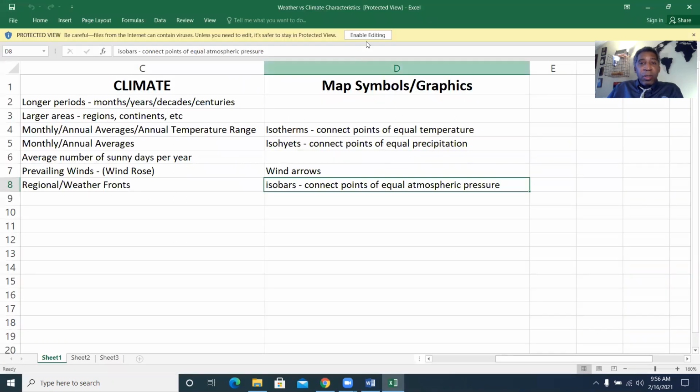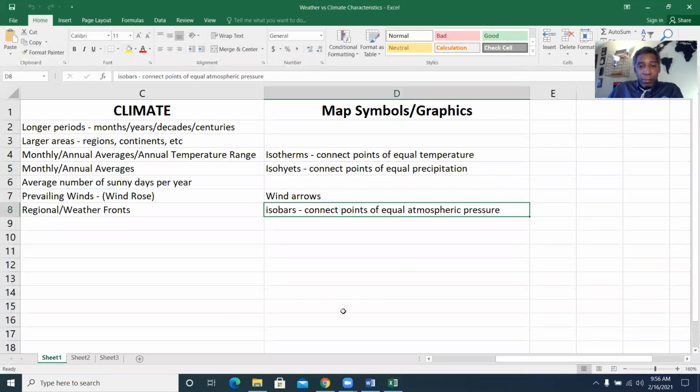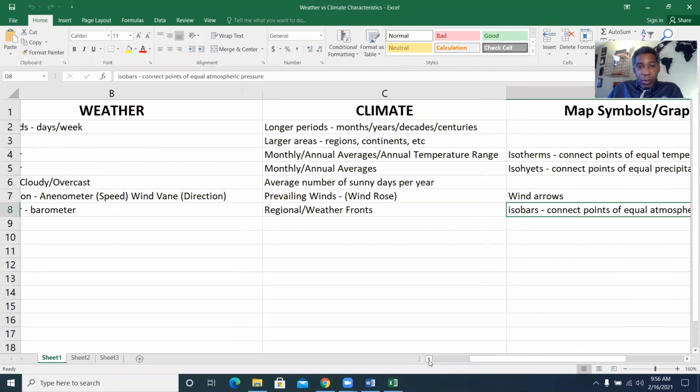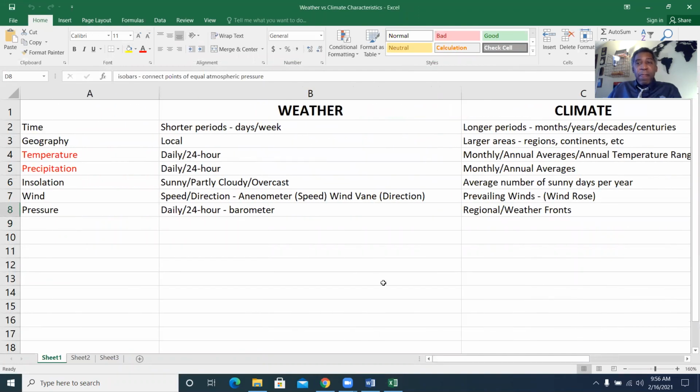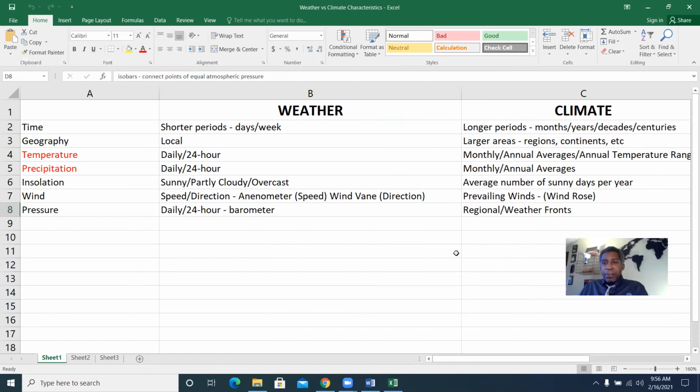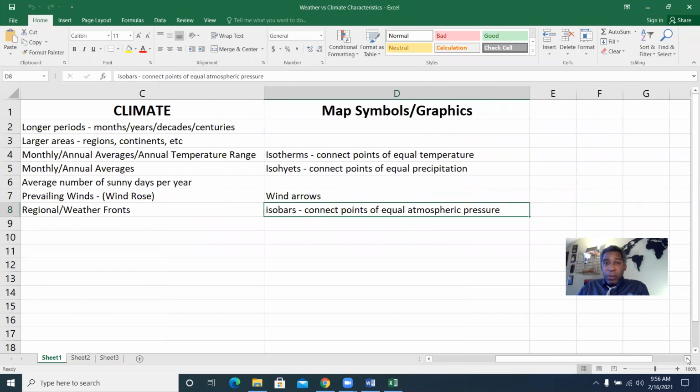Okay, and so here we have, I'll download this so that it looks a little bit better on the screen. I've organized this in a graph so that we can get a better visual representation of the differences between weather and climate. So weather and climate, what are the differences?